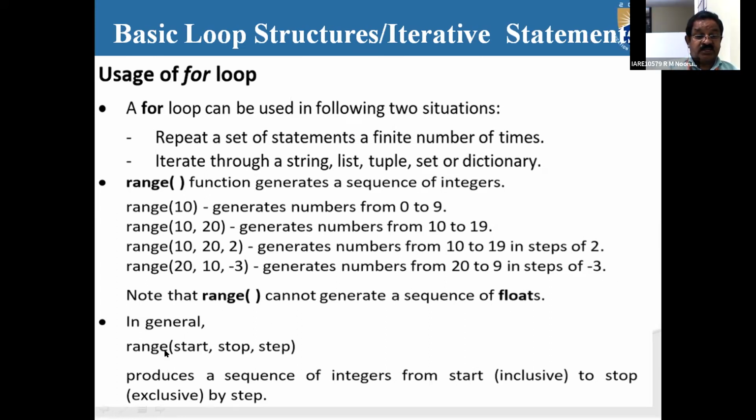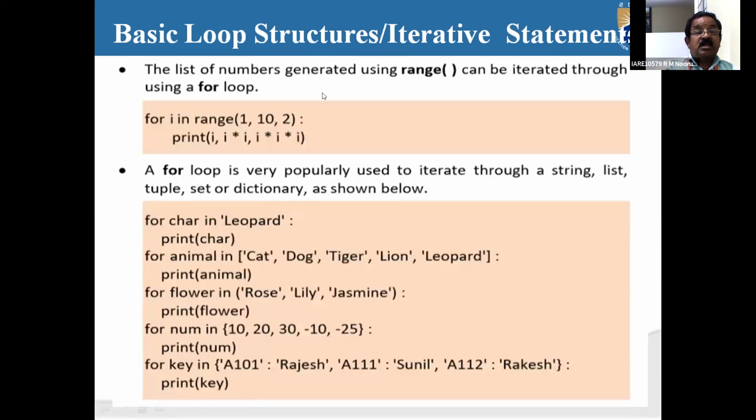The general syntax for range is start, stop, and step. It produces a sequence of integers from start inclusive to stop exclusive by that particular step. Here is an example: for i in range(1, 10, 2): print i, i times i, i times i times i.